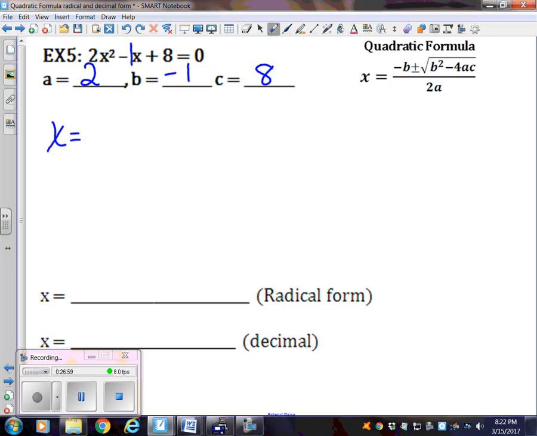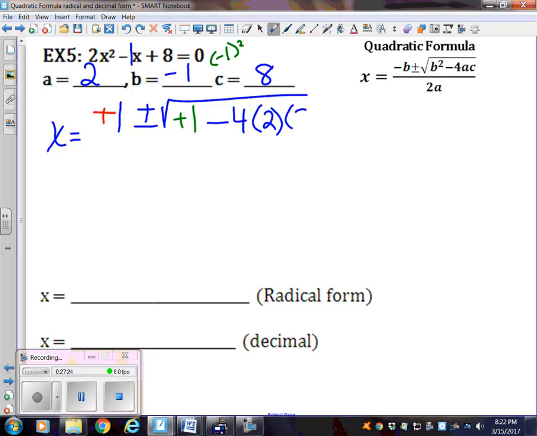X equals the opposite of B, so plus 1, plus or minus the square root, draw a big long square root, of B squared. Negative 1 times negative 1 is positive 1. So B squared minus 4 times A, which is 2, times C, which is 8, all over 2A, and this time A is 2.